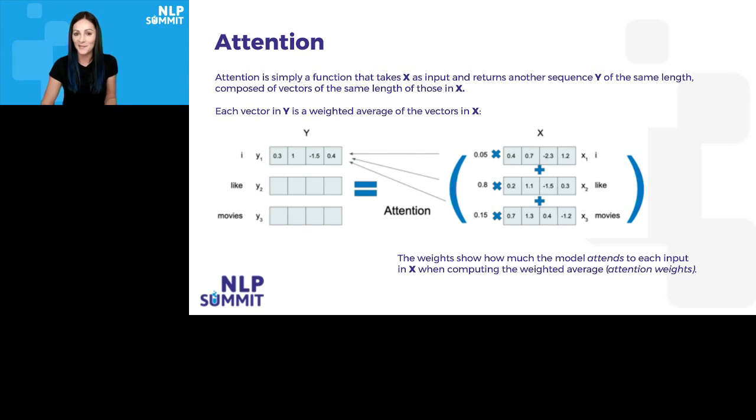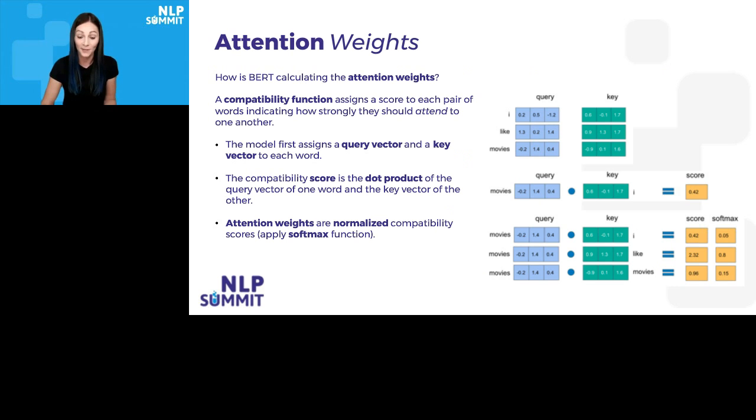So how do we get to those attention weights, right? How do we figure that out? To understand that, we have to understand that there's also another level of detail in this vector creation. So BERT has compatibility functions, which assign a score to each pair of words, indicating how strongly they should attend to one another.